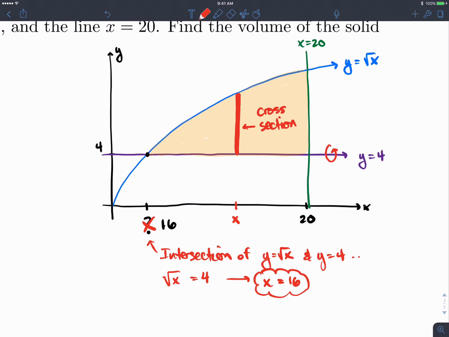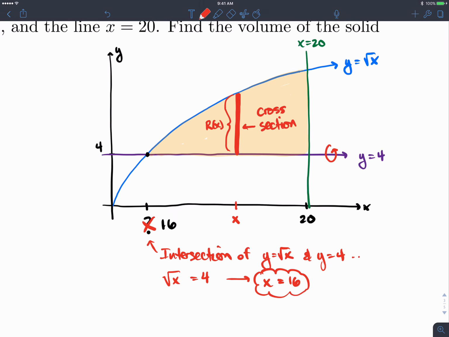So this is why we drew this cross section, this is going to be very telling to determine what our radius is. So the height of this cross section right here is going to be r of x.